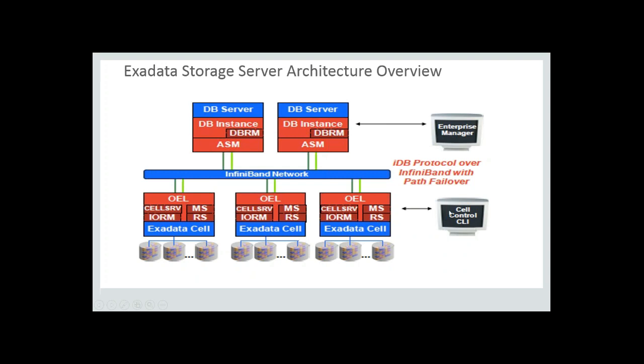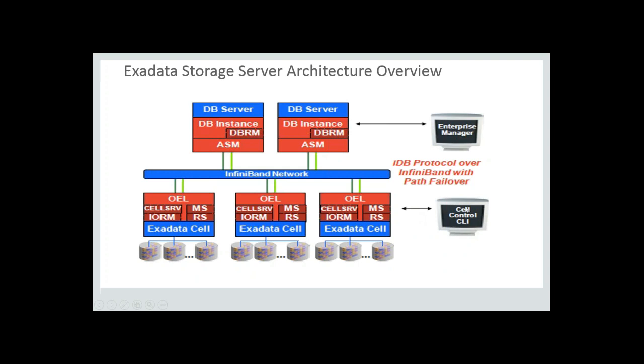Plus, there are two more utilities in Exadata storage that we call cell CLI and DCLI. That is the cell control utility in the storage server only, not in the database server. So for managing your database server and storage, you can use Enterprise Manager to manage your database server, InfiniBand switch, and your storage server.